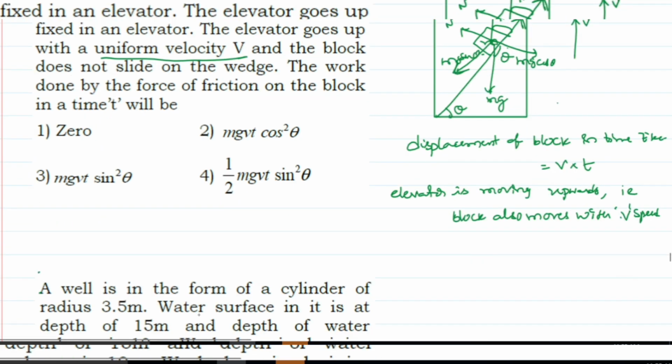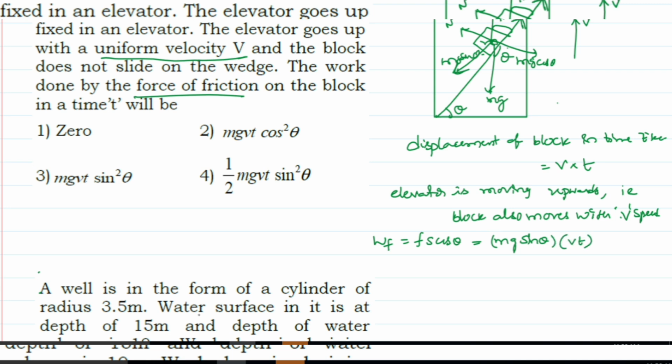Now you can talk about the work done by the frictional force. Work done by the force of friction is F into S into cos of the angle between the frictional force and displacement. The frictional force is mg sin theta, since it's a balanced force. Displacement is nothing but vt.